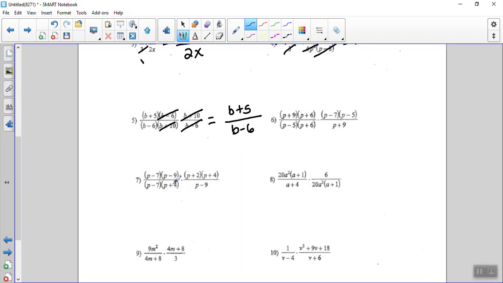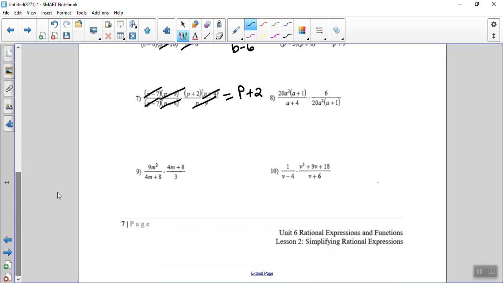Done. For this problem, cross this out, p plus 4, and then you have p plus 2. Over here, these get crossed out. 3 goes into 3 once, 3 goes into 9 3 times. So you have 3m squared.